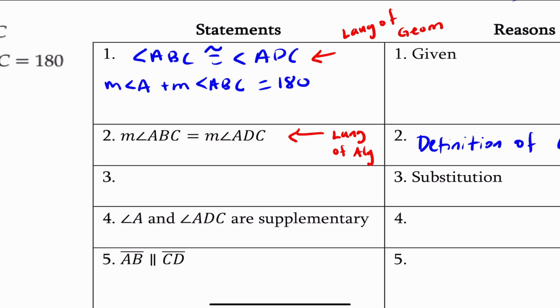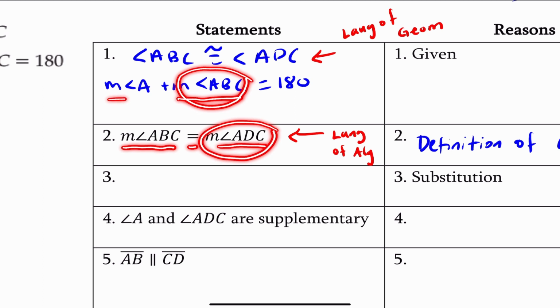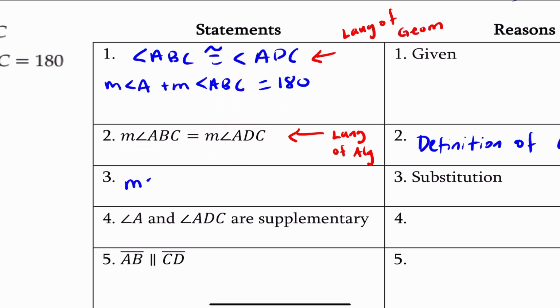Well, take a look at this. Since I know that the measure angle ABC is equal to the measure angle ADC, that means I'm going to replace this with this, but keep these two things the same. So I write measure angle A plus measure angle ADC equals 180.